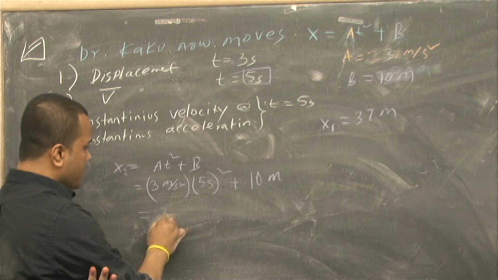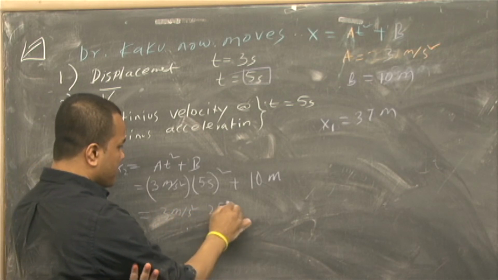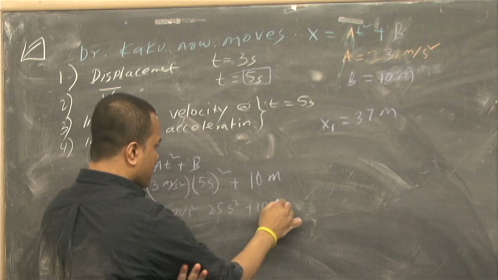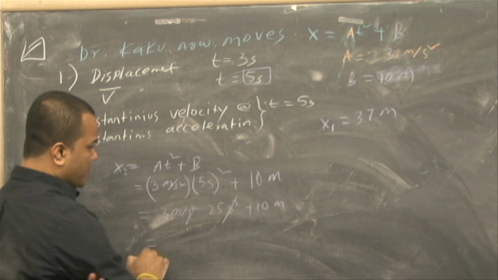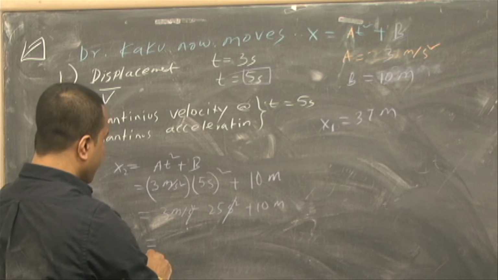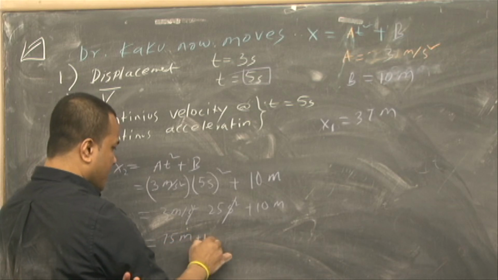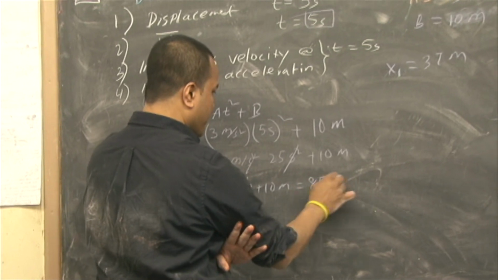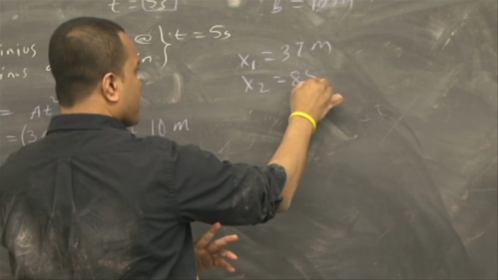Now 3 meter per second square times 25 second square plus 10 meter. All right, so second square cancel. So now what do we get? 75 meter plus 10 meter, which is 85 meters. So x2 is 85 meters.